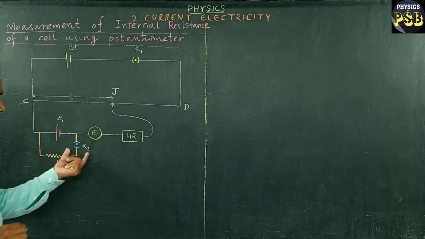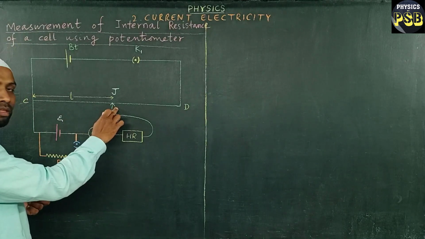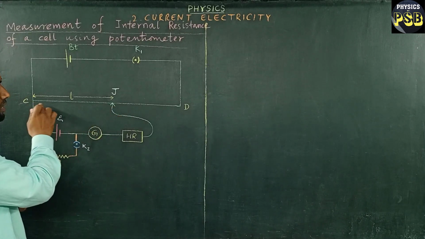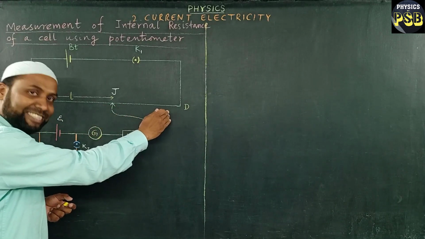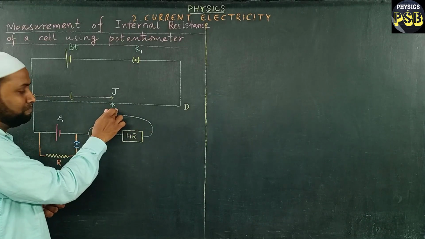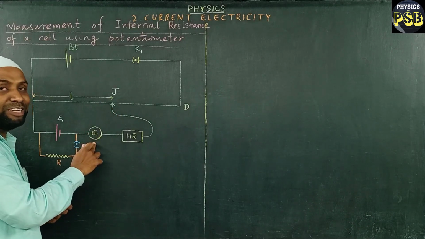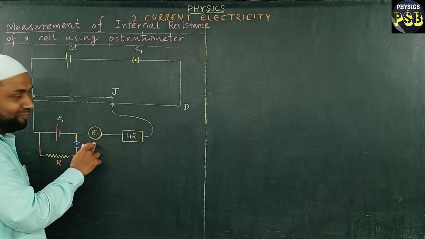Now, by keeping K2 open, I move the jockey along the potentiometer wire CD to find a balancing point. At one point, point J, the galvanometer shows null deflection, zero deflection.